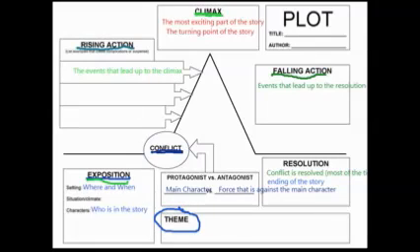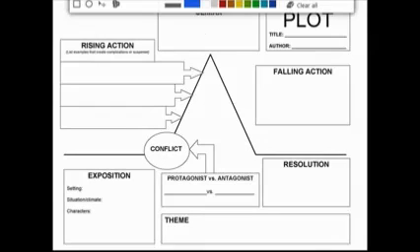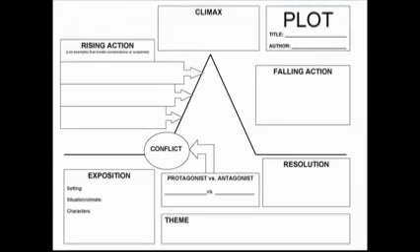And in order to do that, now that we have talked about the different elements and key terms in the plot diagram, we are going to look at it in terms of the story that we are reading right now called The Watsons Go to Birmingham. So we haven't finished the story, so we're not going to be able to fill in everything. But we can start with things like the exposition and maybe the conflict and maybe part of the rising action, maybe one or two events.